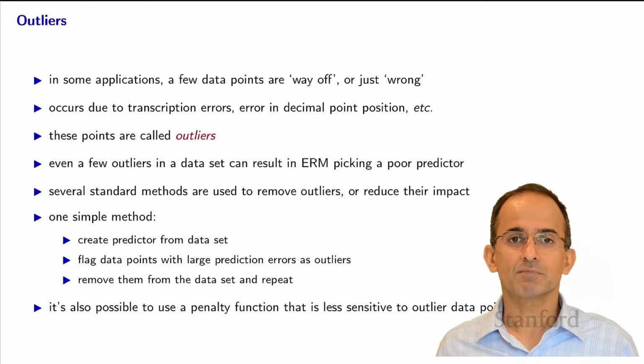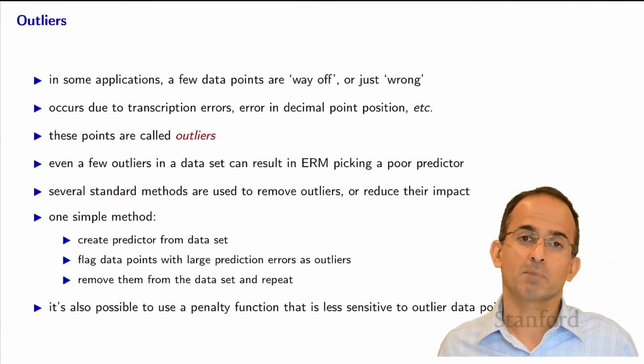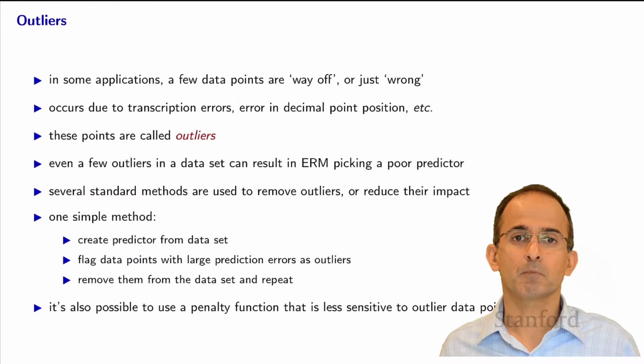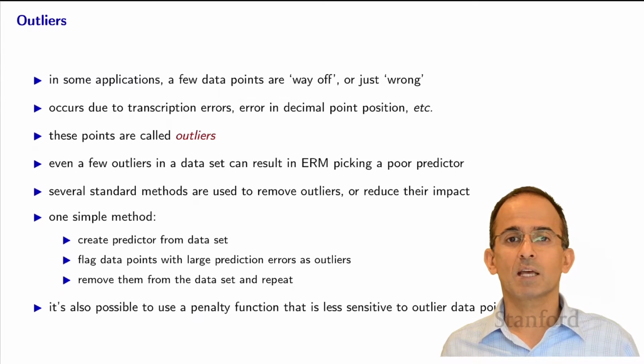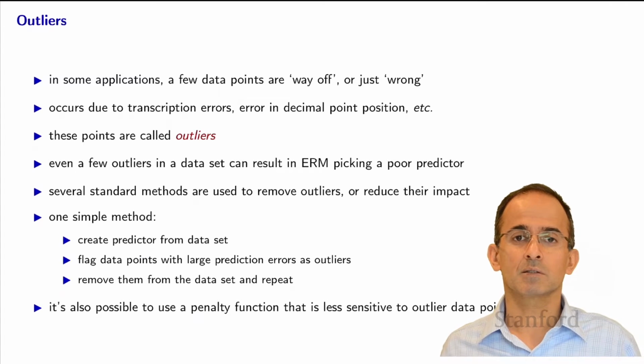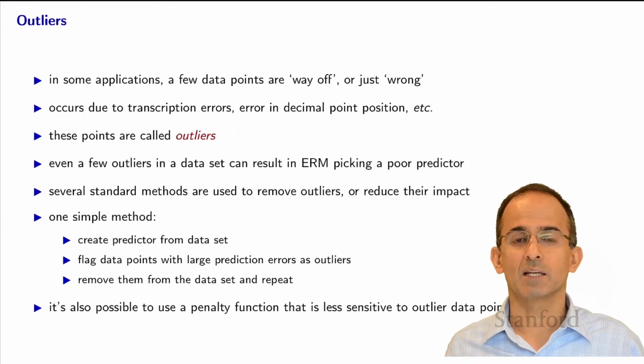Now there are several methods for removing outliers. Here's one. Create a predictor just based on the entire data set, and now look through your data points, and for each data point compute the residual, compute the prediction error. Those data points that have very large prediction errors, mark them as outliers and remove them from the data set, and then refit.